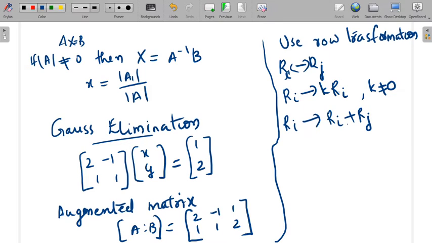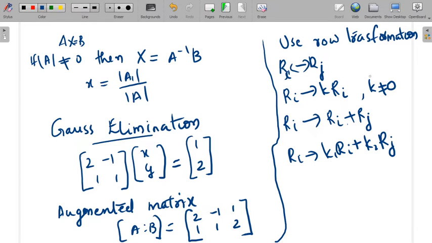So if you perform these two operations together, that is you can multiply with a constant, add with another row, you can write this as Ri changes to K1 Ri plus K2 Rj. So these are the elementary row transformation.